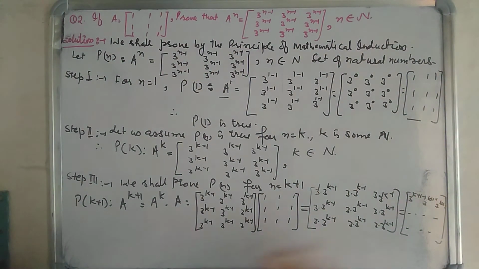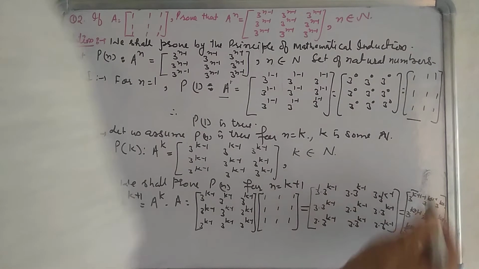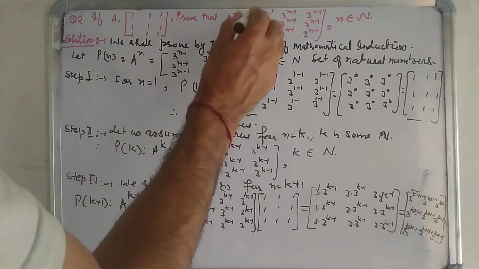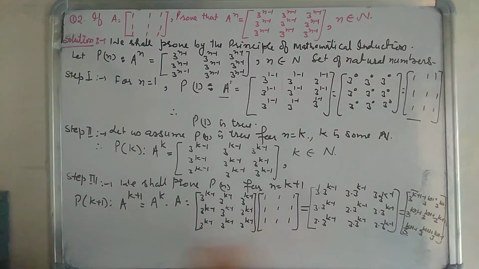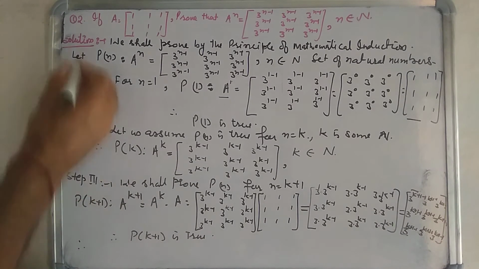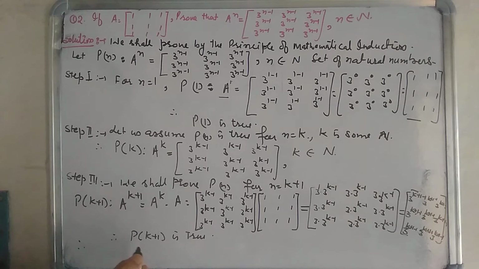Therefore we see here, the matrix becomes 3 raised to power k. If we compare this matrix with n is equal to k plus 1, therefore Pk plus 1 is true. Therefore all the 3 steps are true.